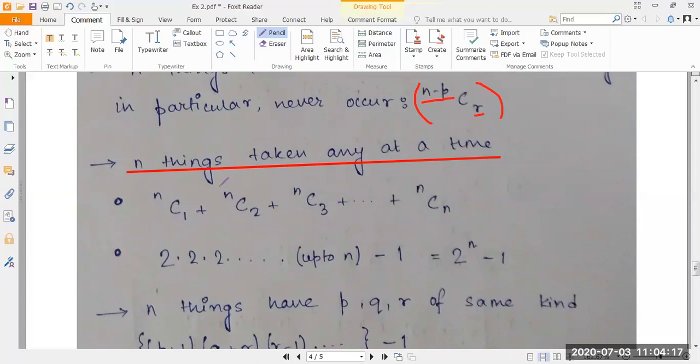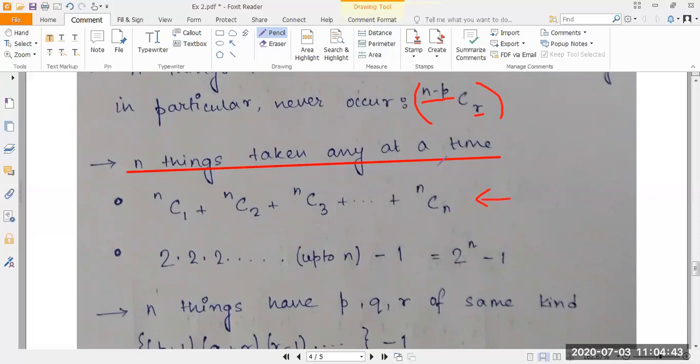The second term represents where I choose 2 out of n items. The third term represents a situation where I choose 3 out of n items, and similarly the nth term represents a situation where I choose n out of n items, which means that I choose all of the items. That is one form of expressing n things taken any at a time.